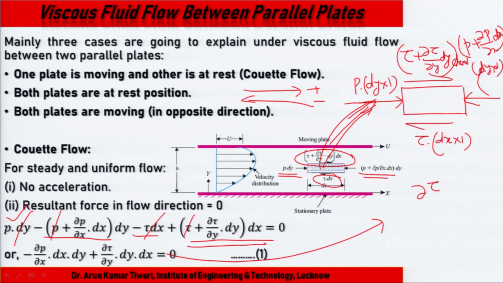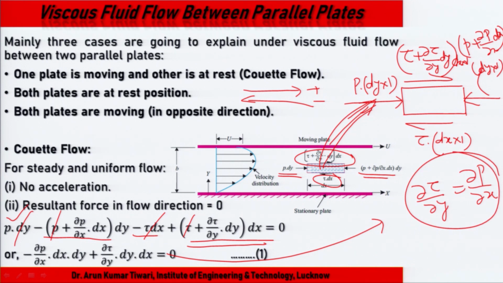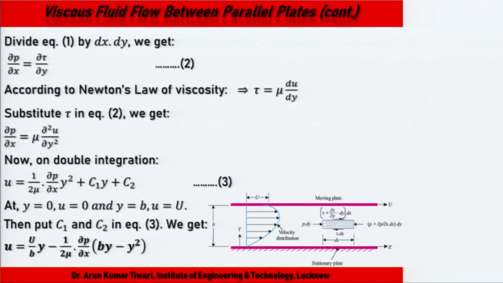Del tau upon del y equal to del p upon del x. Just see, this is the equation. Yes, very simple: del p upon del x equal to del tau upon del y.